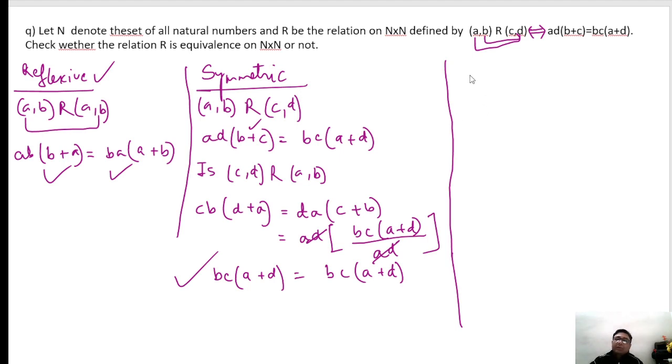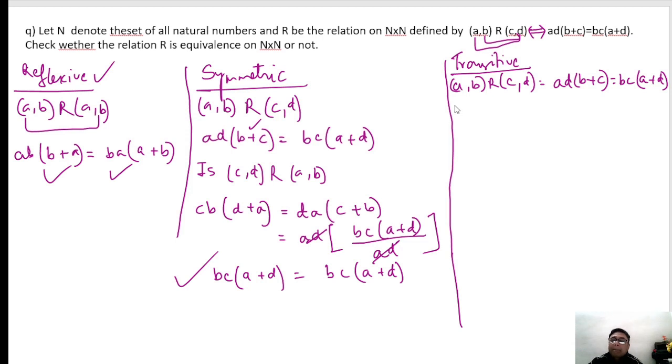Now let's check for the transitive. That means A comma B related to C comma D. How will I write? AD(B plus C) equal to BC(A plus D). Okay.